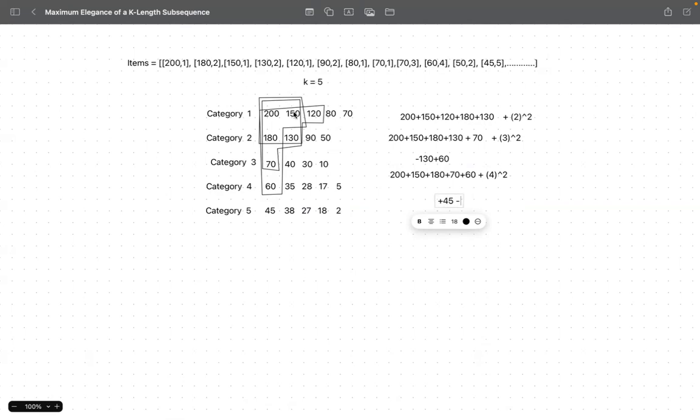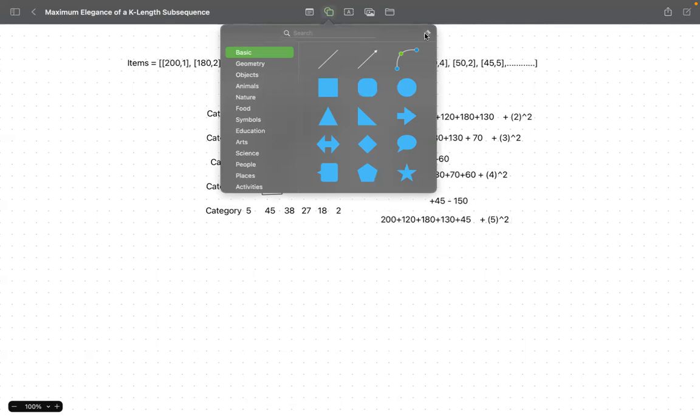The only duplicate remaining is 150, so I'll remove 150. The new elegance will be 200, I have removed 150 and added 45, and the new distinct categories are 5.